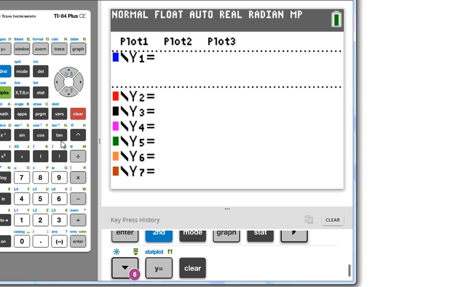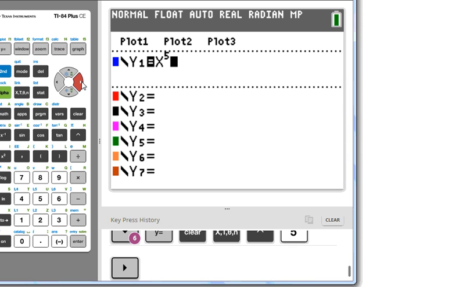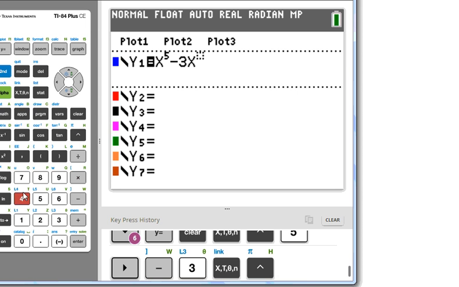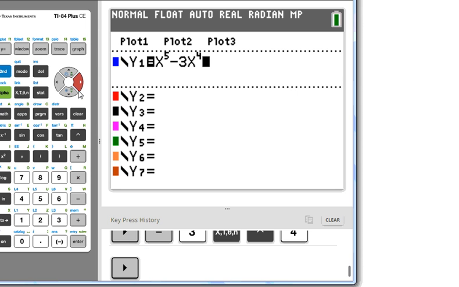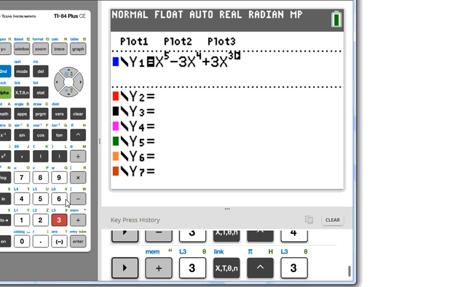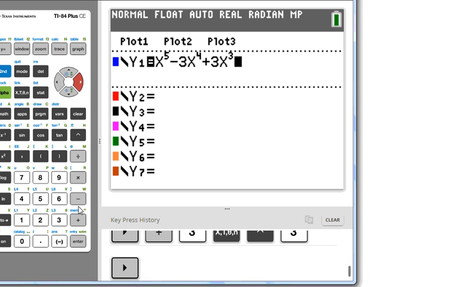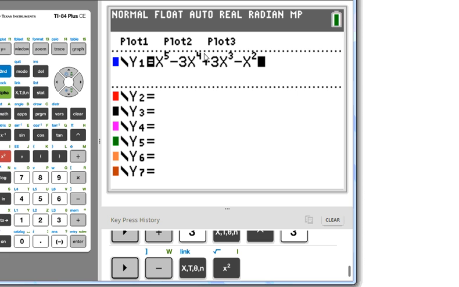So, x to the 5th power minus 3x to the 4th power plus 3x cubed minus x squared, and that all equals 0.